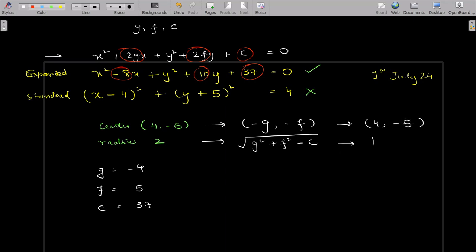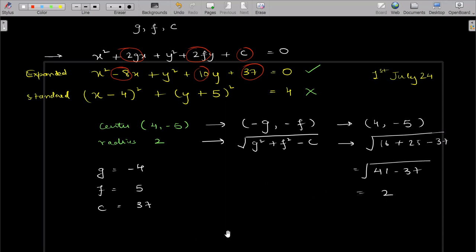And your radius is going to be square root of g square plus f square minus c. So g square means negative 4 square, that is 16, f square 5 square, that is 25, minus 37. 16 plus 25 is 41. 41 minus 37 will be 4. Square root of 4 will be 2.